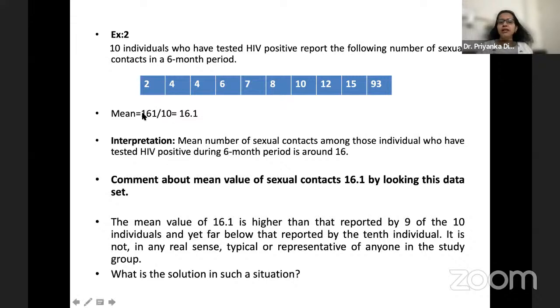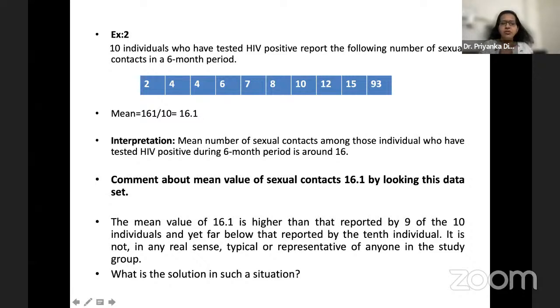How much would be my answer? If you could see, I have written 161 divided by 10. We got 16.1. Where will 16.1 lie? 16.1 will lie extremely to the right, somewhere between 15 and 93.